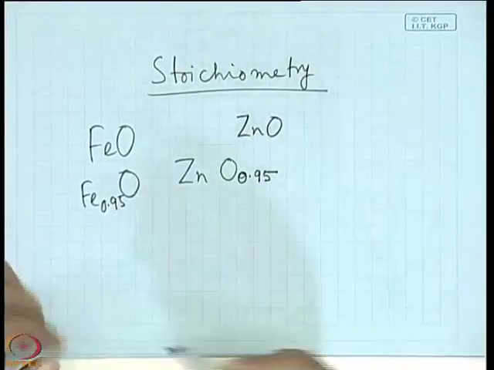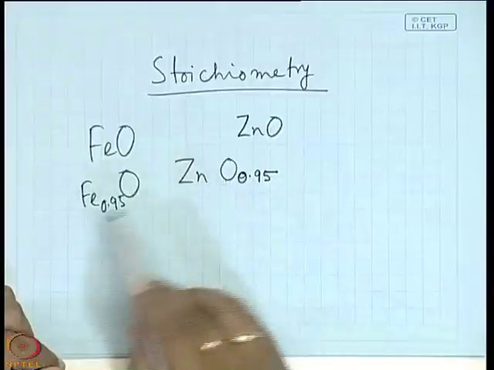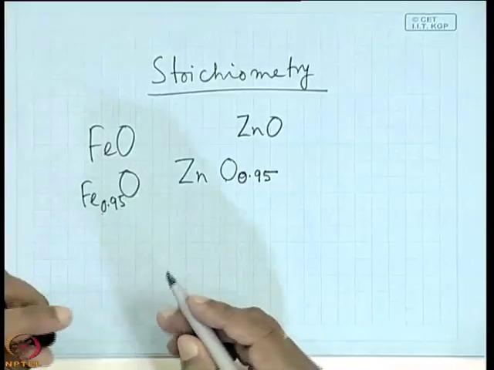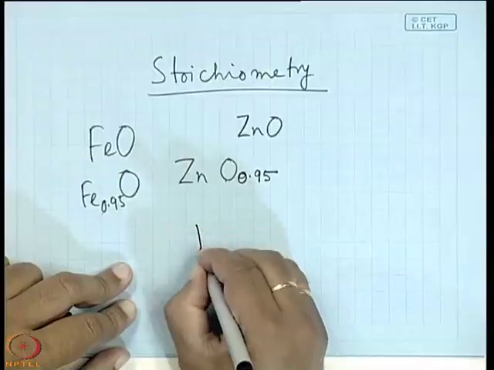Ideally it should be 1/1, but there is a deficiency of iron here. So, some materials are there, when you grow them, because of thermodynamic considerations, there will be a deficiency of one particular element in it, and that is the reason it is known as non-stoichiometry.